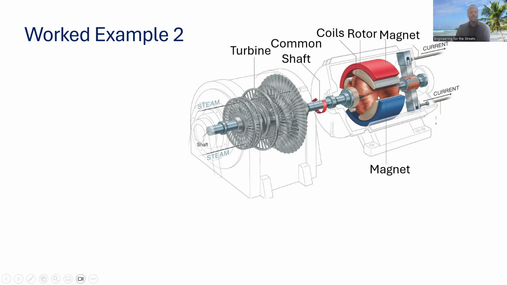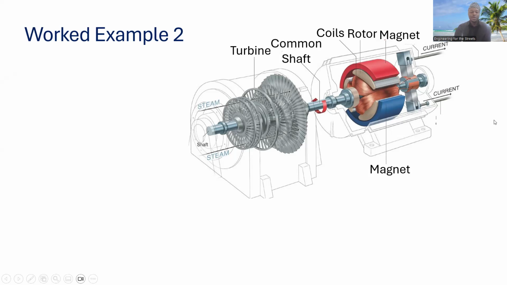When we say EMF, we mean electromotive force, or in simple terms, voltage is induced in the coil. And of course, when the terminals of the coil are connected to a load or to a system down the line, then current flows, and we say power has been generated.